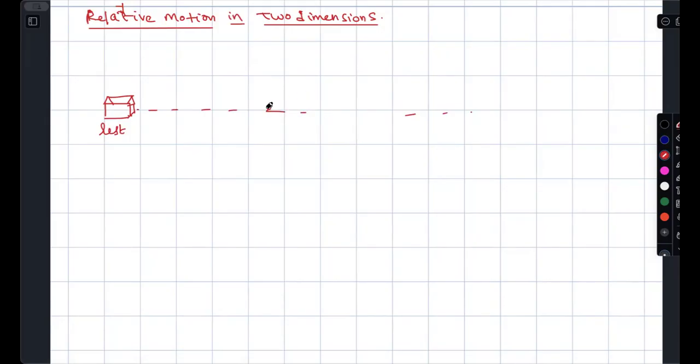An object A is moving in this direction. At some instant, A is here, moving in this direction with a velocity VA bar.